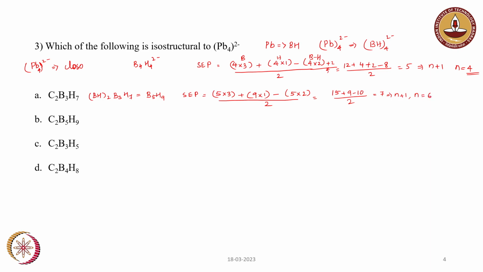But we have B5. So n equal to 6 will be closo, but what we have is n minus 1 equal to 5. That will be nidoborane. So this one is nido.